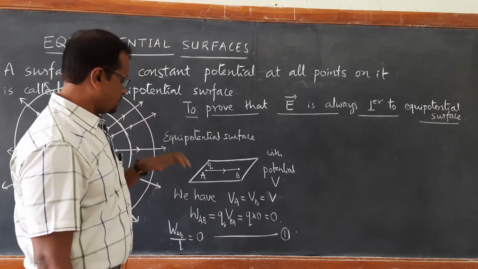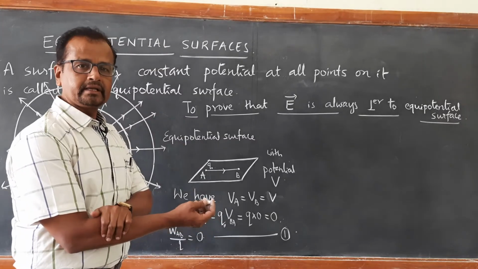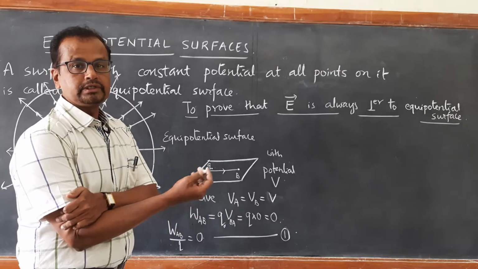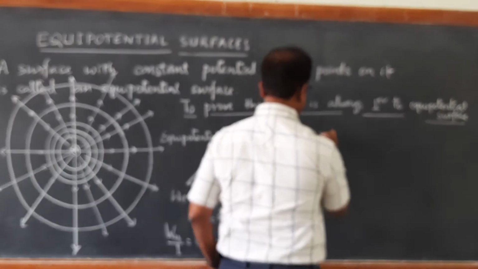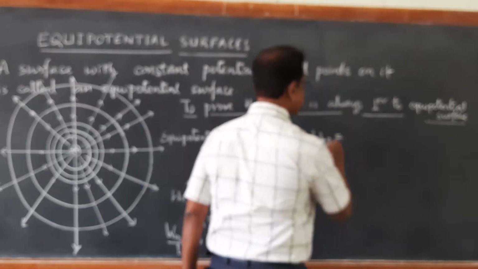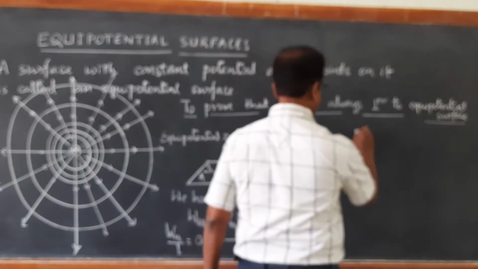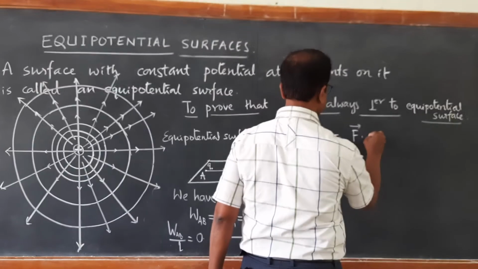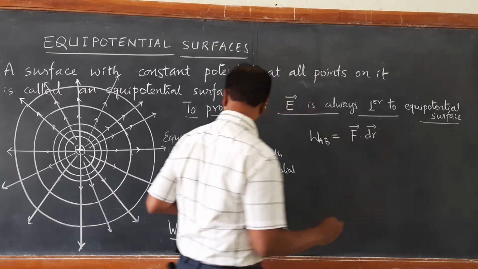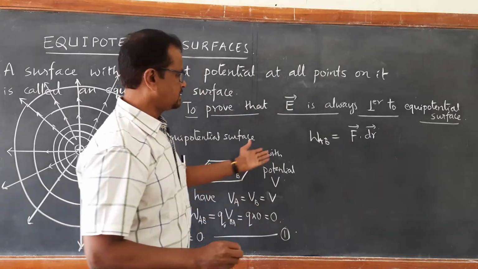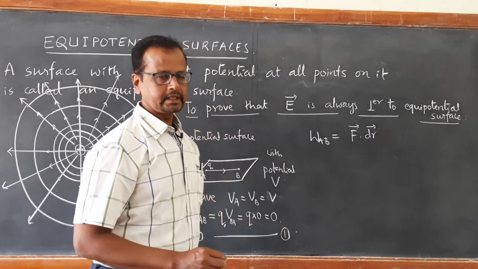Now, let us calculate the work done by another method, that is force into displacement. We already know it. Work done WAB equal to force vector dot the displacement vector. Let us take this displacement from A to B as dr, right?